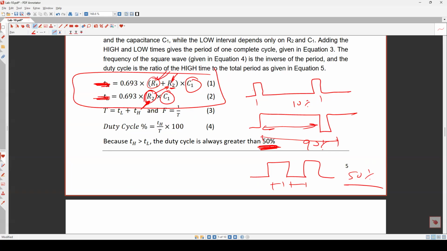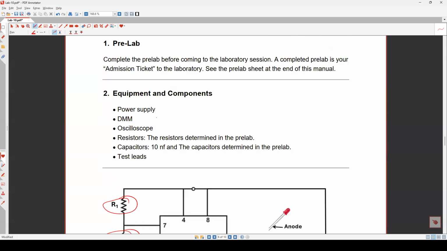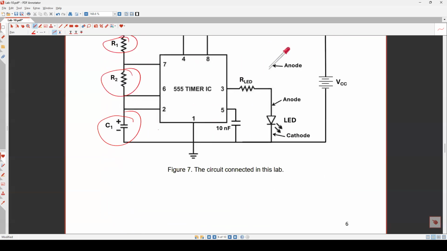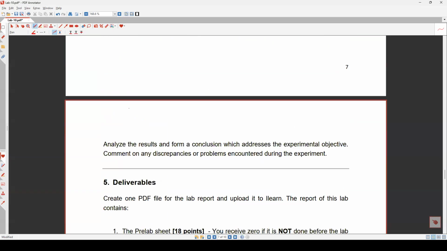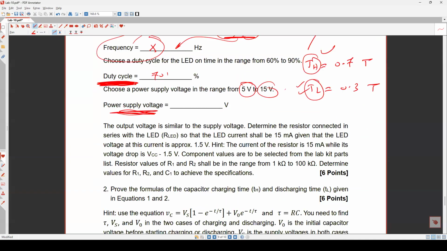I'm gonna leave this to you. You need to select good values so that you can find them in your kit. I forgot to tell you, try to select resistors between 1K and 100K ohm.